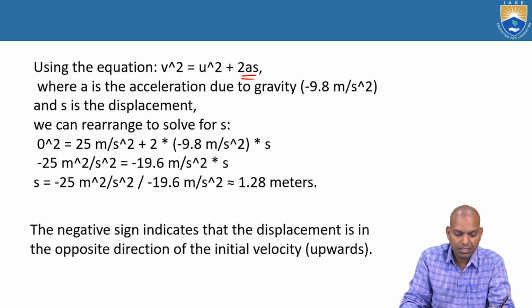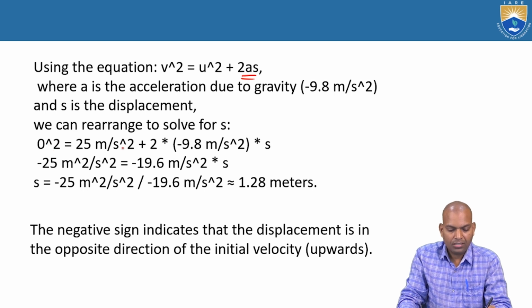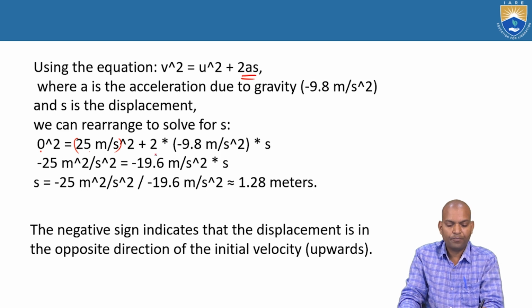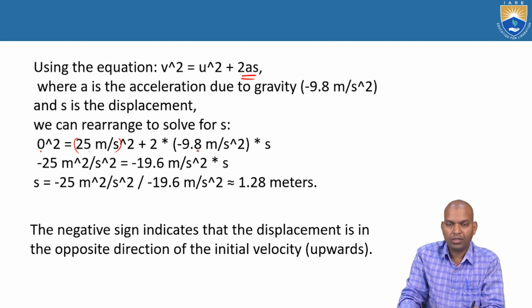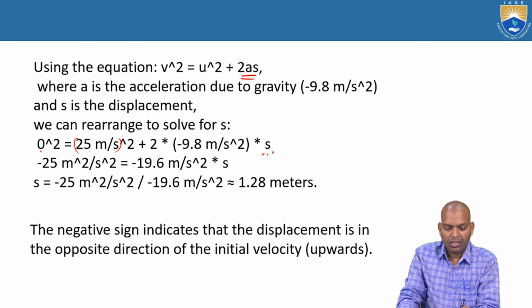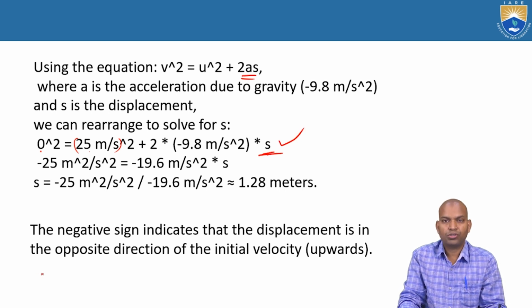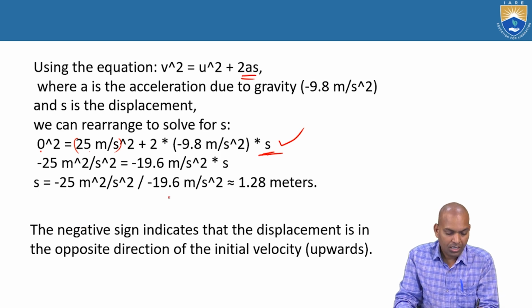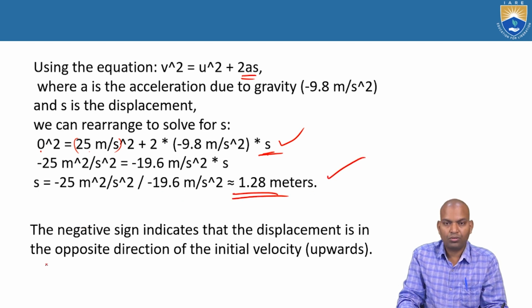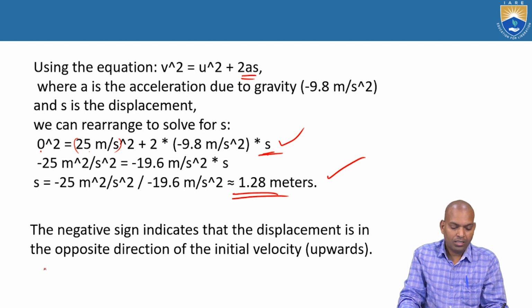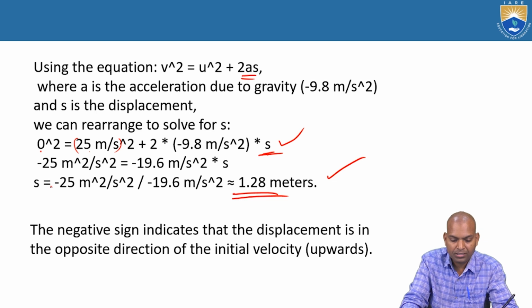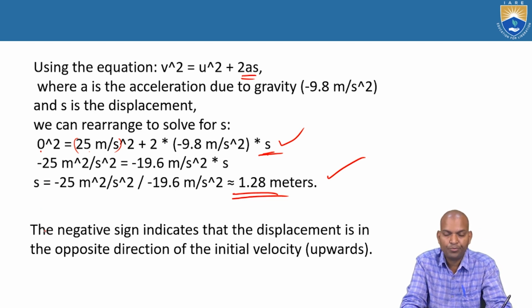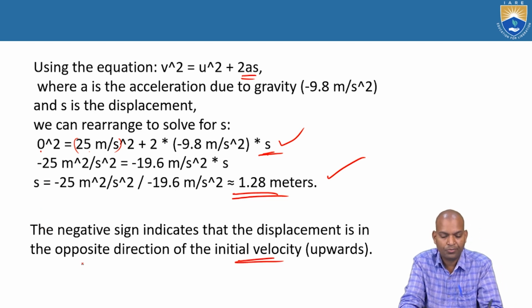Substituting: 0 squared equals 25 squared plus 2 times negative 9.8 times s. The maximum height reached by the stone is 1.28 meters with this velocity. The negative sign indicates that the displacement is in the opposite direction of the initial velocity.